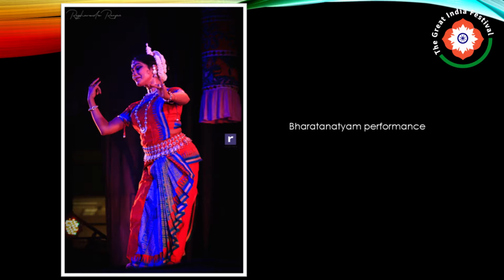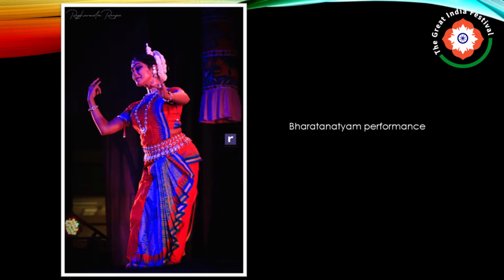It's one of the beautiful dances to watch. So in this photograph, as you see, the performers are on the stage, and the light and an angle are the different forms or the dance steps involved in Bharatanatyam.